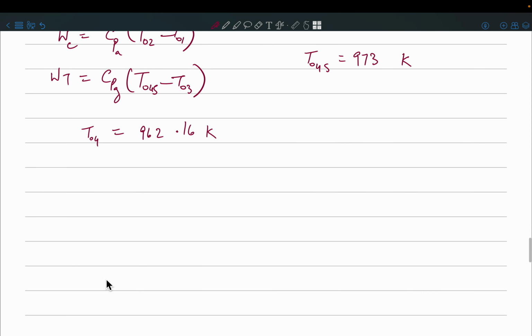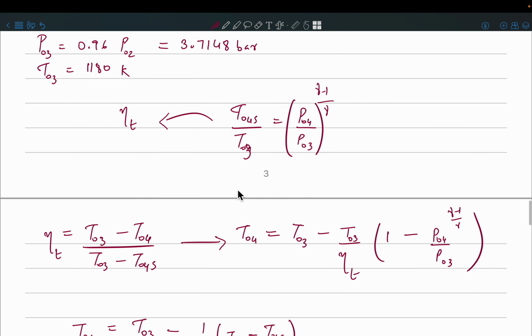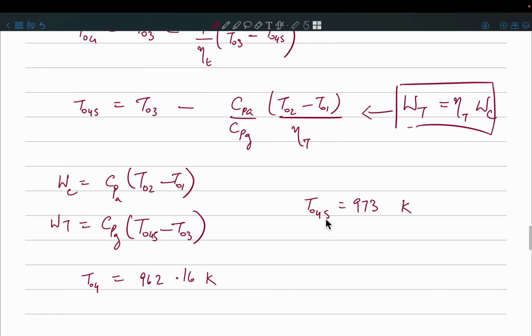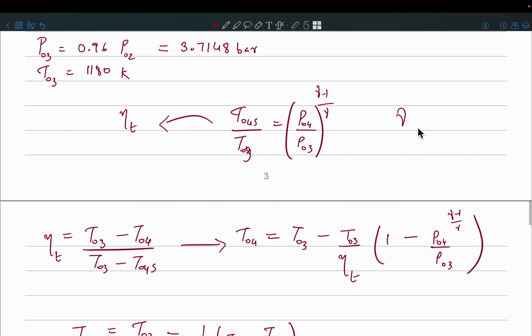Okay, so now, because we know T naught 4s, we can go back to this isentropic relation and we can get the value of P naught 4. And again remember which gamma will you use in this particular relation. Here gamma you will use for the gas, not for the air.